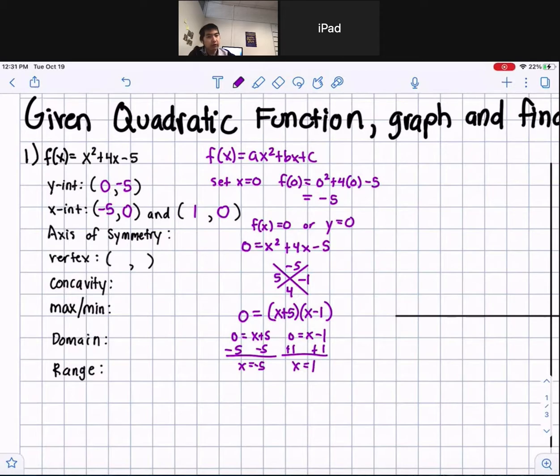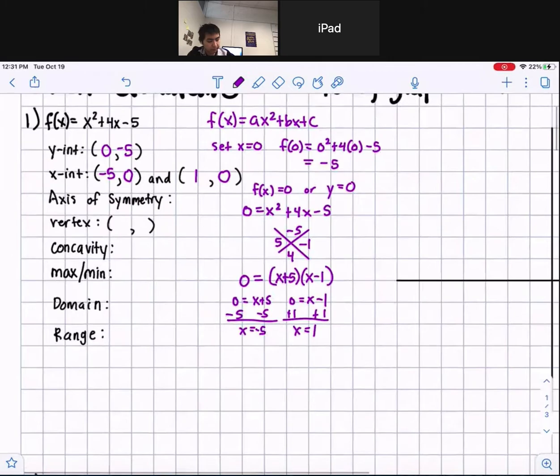Now, to find your axis of symmetry, you can use x equals -b over 2a. Your b value is 4. So -4 over 2 times your a value, which is the coefficient in front of the x squared, which is 1. -4 over 2 times 1 gives you -2.